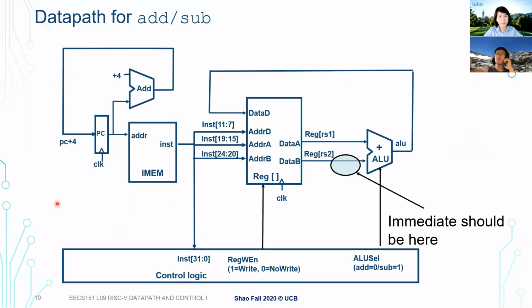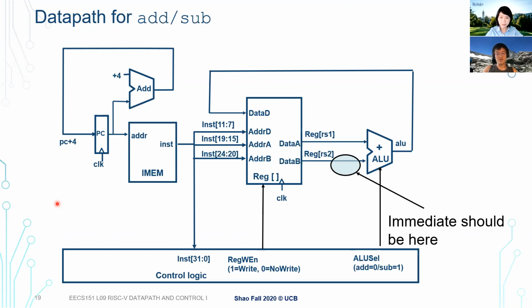So let's go back to our data path. This is the one we have been building so far. This is our data path that supports addition and subtraction. So what do we need to do? We want to extend it to support immediate operations. Recall that for an immediate type instruction, instead of reading the second operand from a register, we grab the value from the instruction directly and feed it to our ALU.